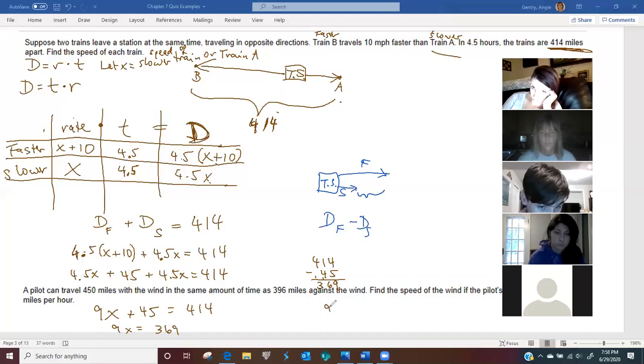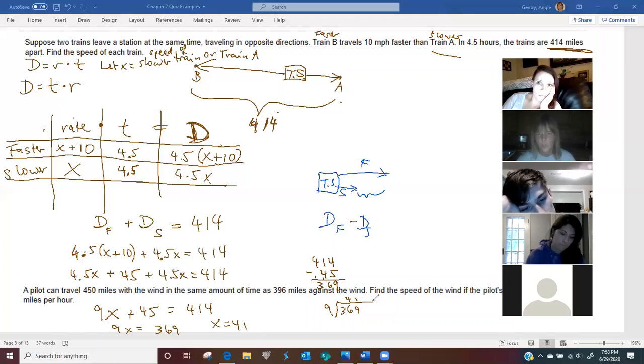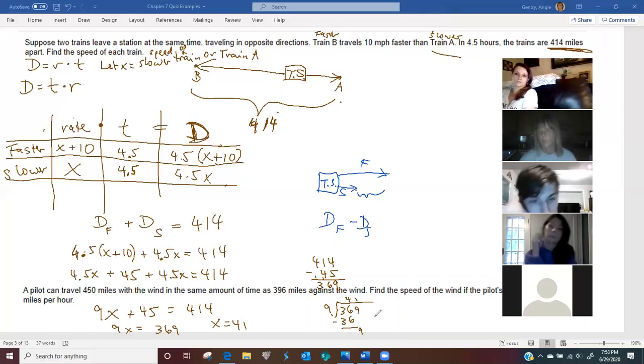And then go ahead and let me suffer. You guys have a calculator. And then I'm going to do this a long way. 41. 41? Yeah. Even without a calculator, you know, 9 goes into 36, 4 times 9 is 36. Then you have that, and you have just a 9. See what I'm saying? You don't need a calculator. But so x is 41.